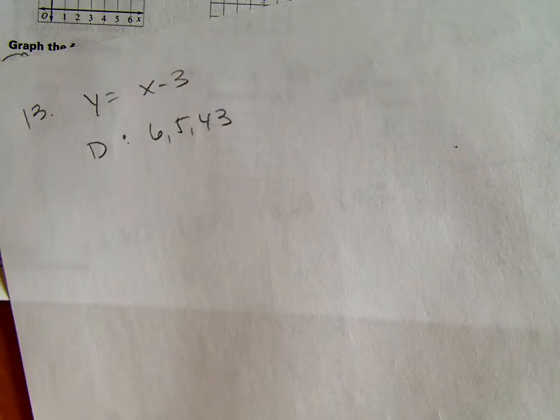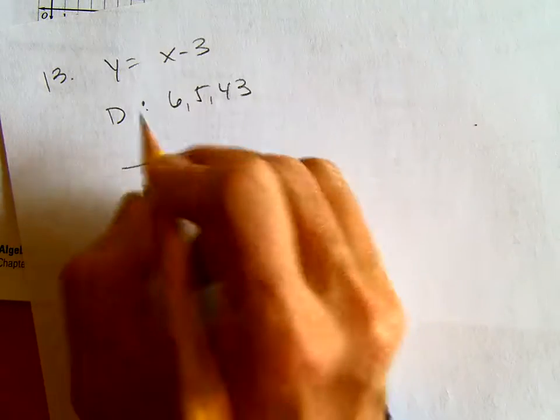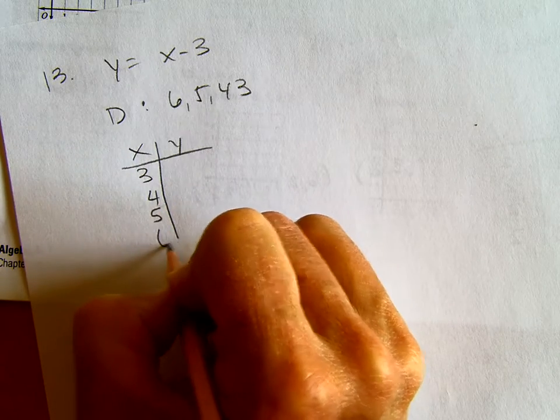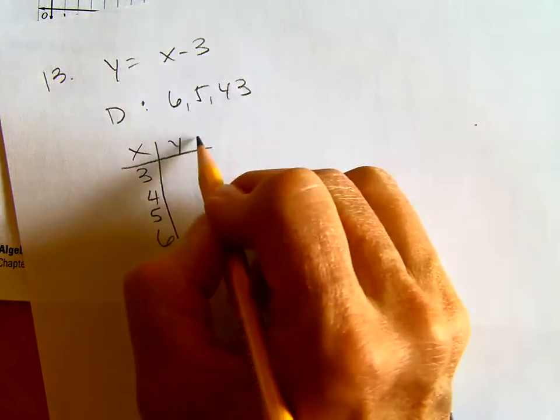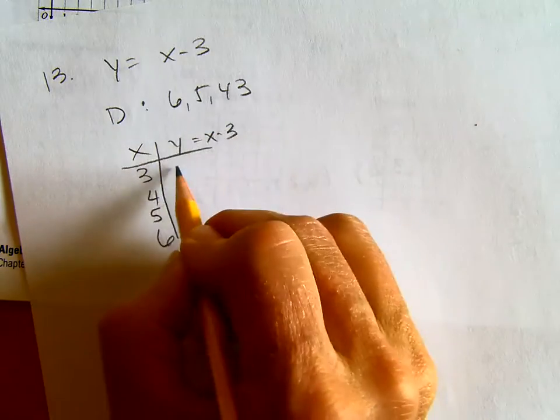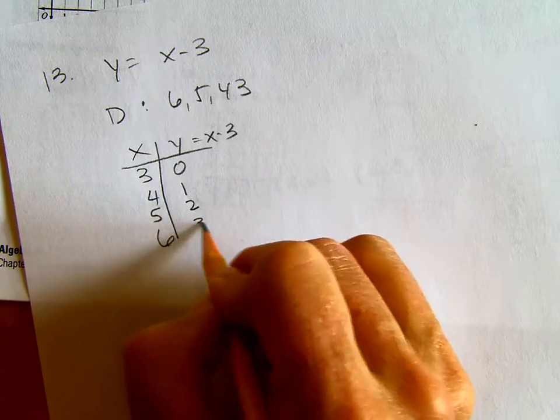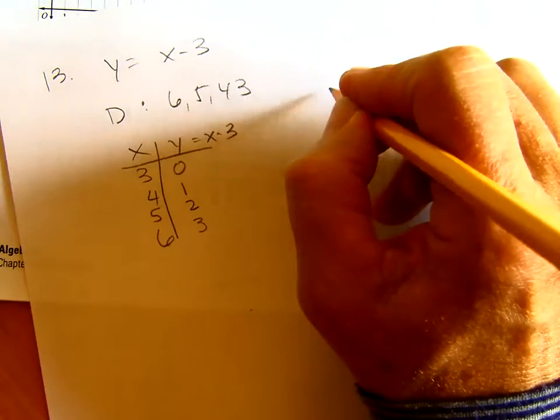So 6, 5, 4, 3. I'm going to make a table of values, and I'm going to actually put these in order. And y equals x minus 3. So 3 minus 3 would be 0. 4 minus 3 would be 1, 2, 3. So there's my ordered pairs.